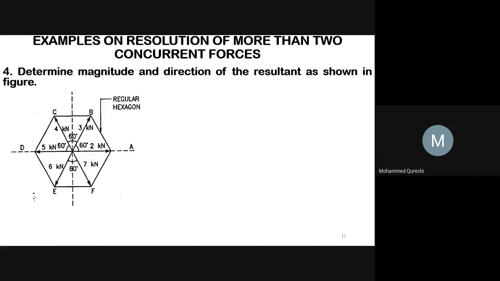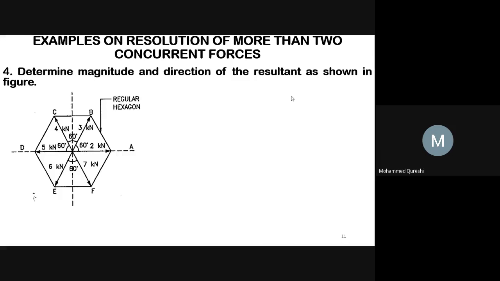All these forces are acting outwards from the center of a regular hexagon towards its corner, and for this we have to determine the magnitude and direction of the resultant.